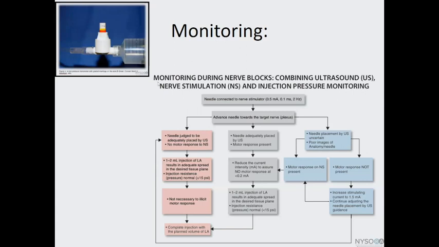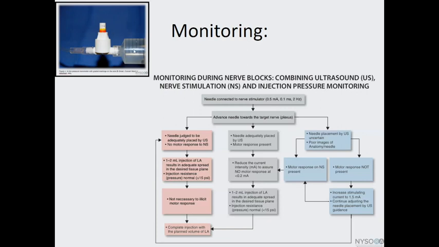So this is injection pressure monitoring. It's a very simple method. A syringe with local anesthetic is connected to the needle, which is in the patient's tissue, and between the syringe and the catheter, this monitoring device is added. When the needle is in the tissue, the pressure necessary to inject the local anesthetic is low, so you will see only white or maybe yellow color.